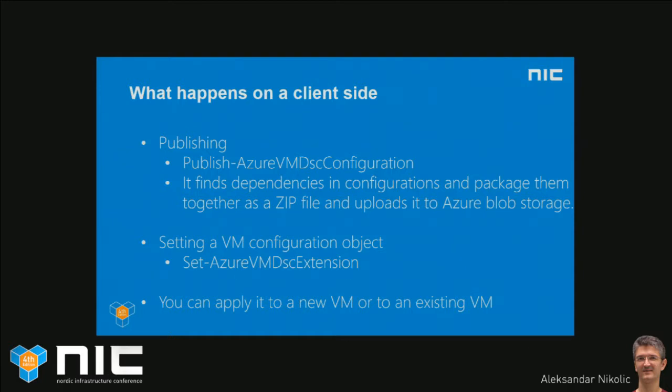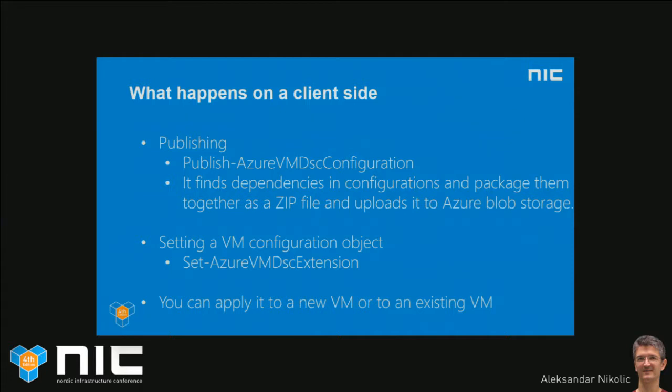What will that commandlet do? It will find all dependencies in your configurations, those imported DSC resources that are part of a configuration, and package them together with your configuration in a zip file and upload that to Azure storage, so that it can be available to any Azure VM that you want to create or to an existing one.